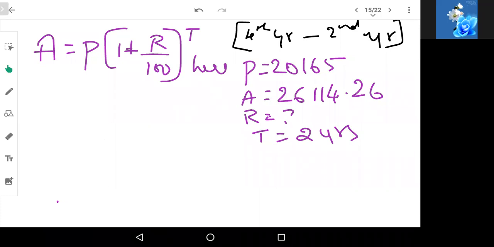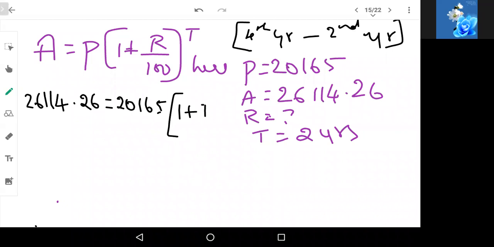Now let us apply all this into the formula. So amount is 26,114.26, which is equal to 20,165 into 1 plus R (we don't know R) by 100 to the power 2. Now start solving this.